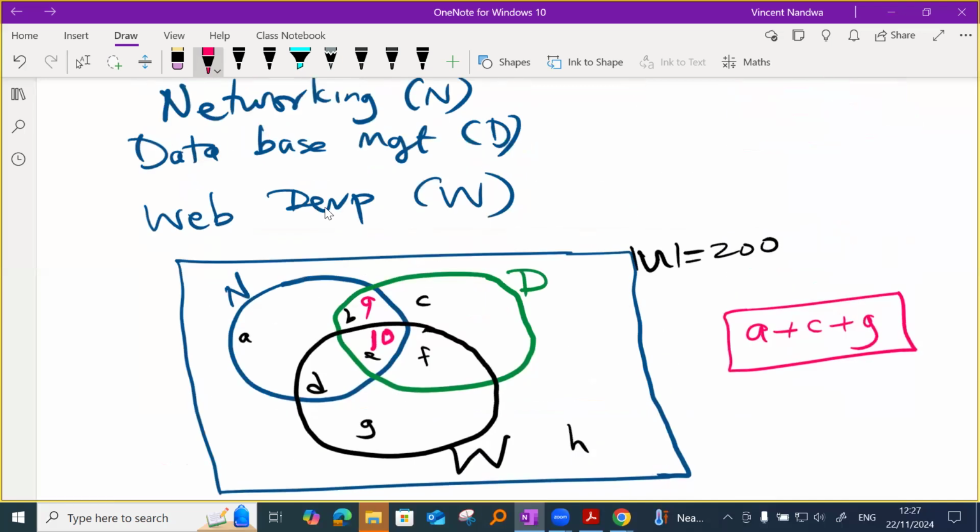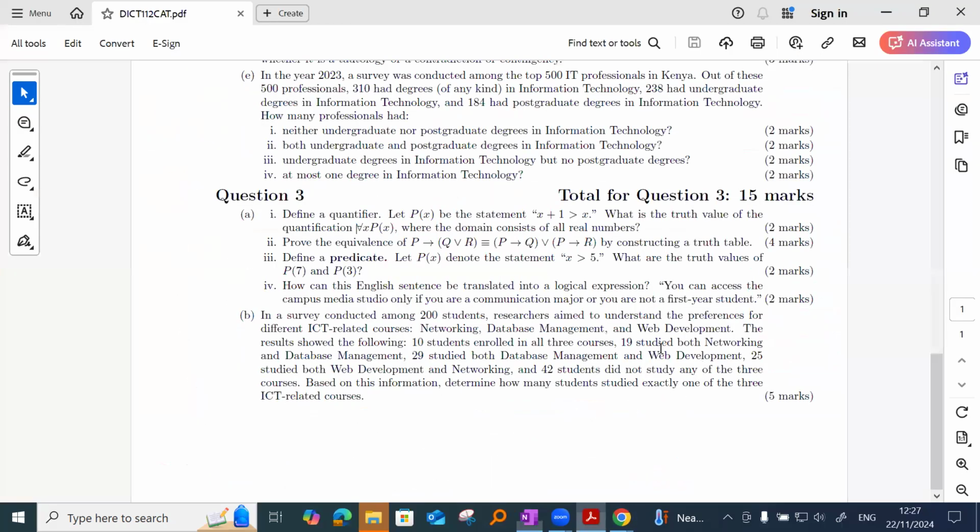And then the other information is that 29 studied both database management and web development. So where do D and W meet?